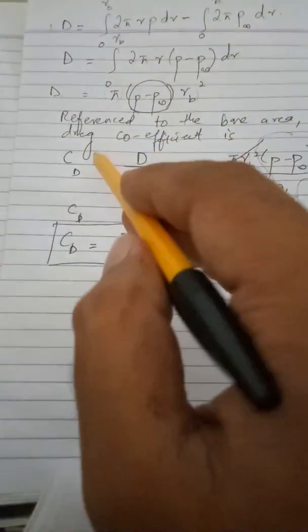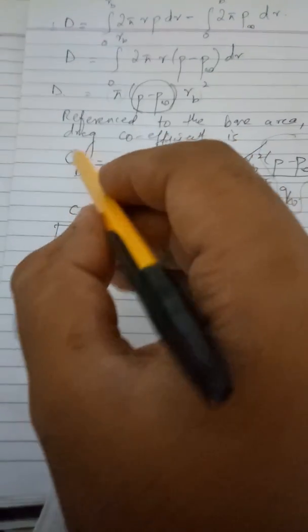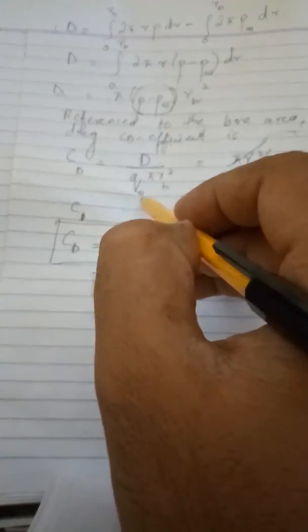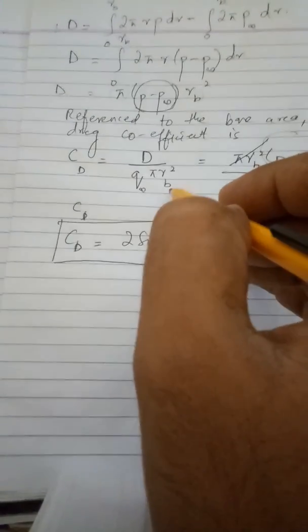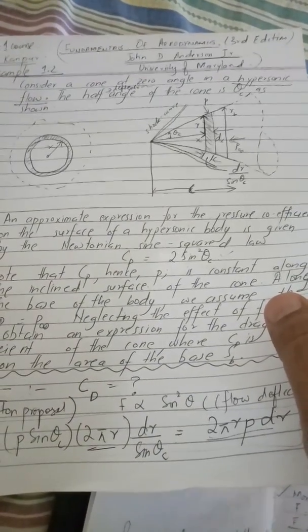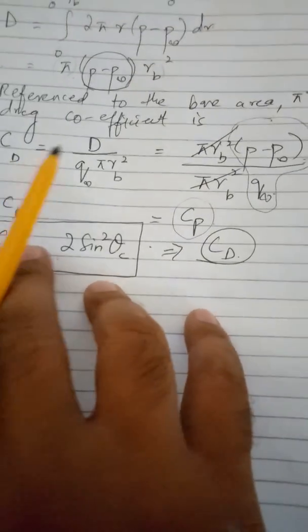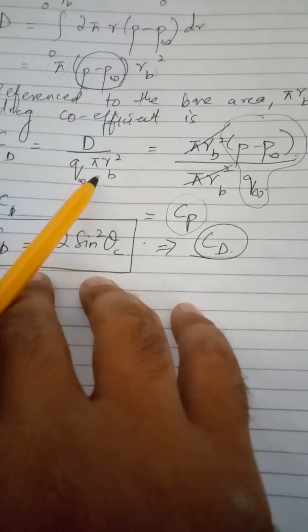You need to remember that CD is equal to drag over Q naught pi R B square, and Q over here is normally like this, so you can easily see how it's been taken, and we're going to apply it.